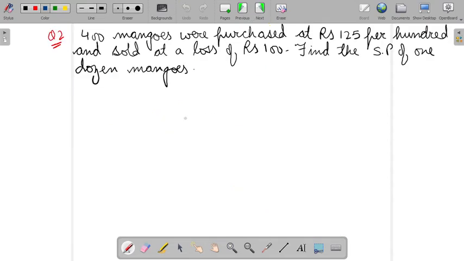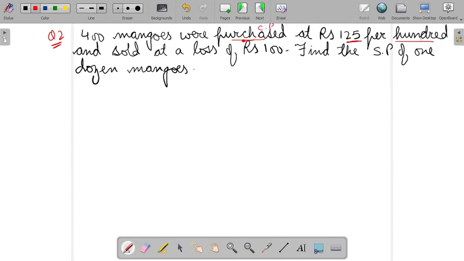Now question number 2. Question 2 is: 400 mangoes were purchased at rupees 125 per 100. What does it mean? Purchased is written here, which means cost price.